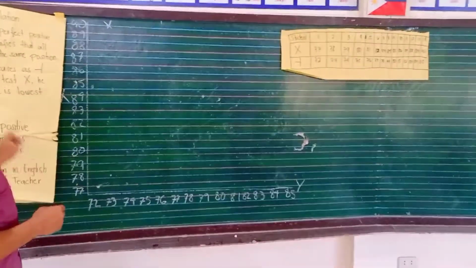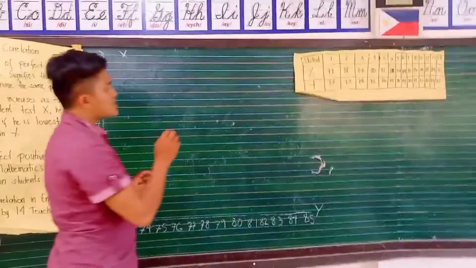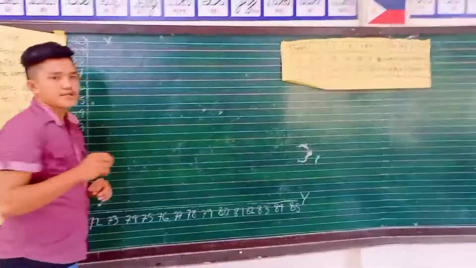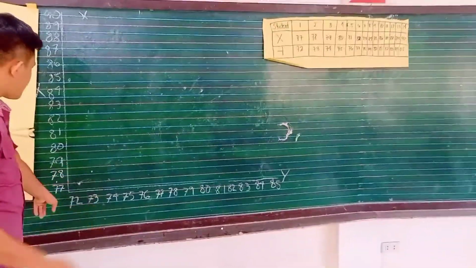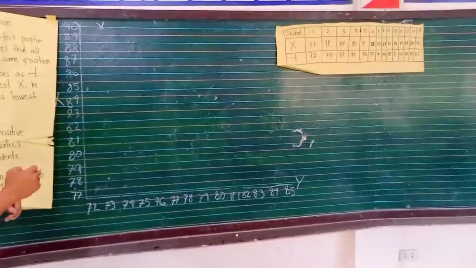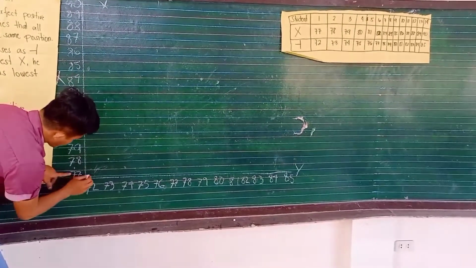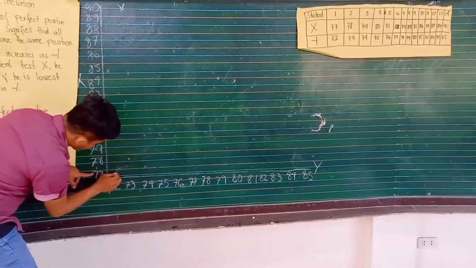All we're going to do is put the points on the graph. First is 77 and 72. Where are we going to put the point? For 72 and 77, we're going to put the point here.